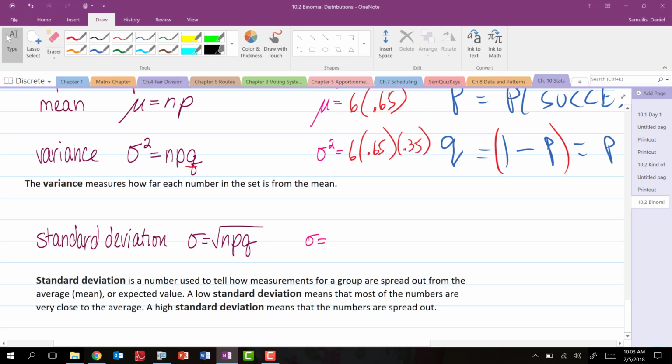A high standard deviation means it's much more spread out and farther from the mean. And then we'll analyze those numbers later. You don't have to do it now. Just find it. And all it is is the square root of that previous number, the square root of this product, which I think gave me 1.1 or so. You can type it on your calculator and find it. Okay. All right. So binomial experiments.